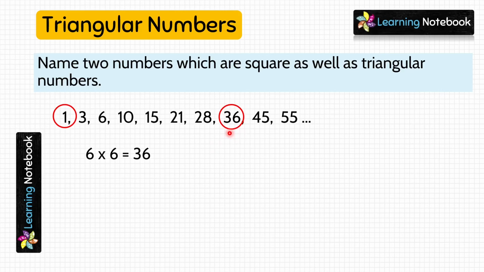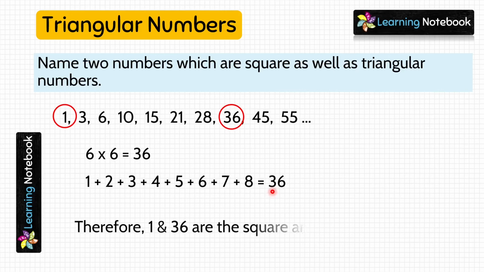Because 36 is the sum of the first 8 numbers. So 36 is the 8th triangular number. So, students, we have got the second number as well. So we will write that 1 and 36 are square numbers as well as triangular numbers.